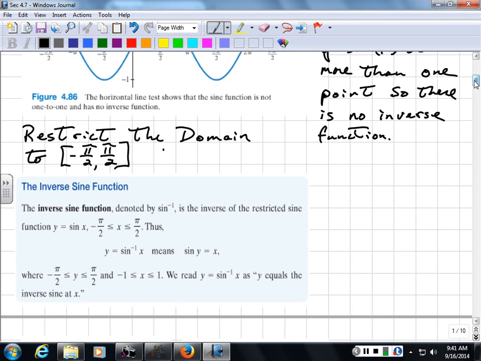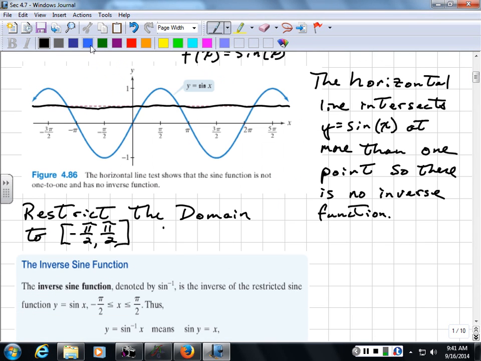In other words, if we look at the graph here, we're going to restrict it from right here to right here. And we're just looking at this right here.